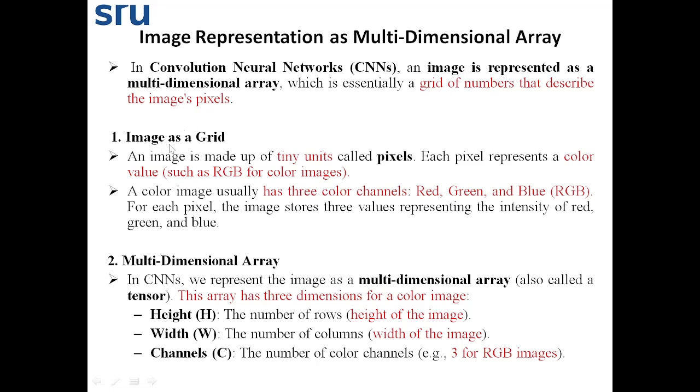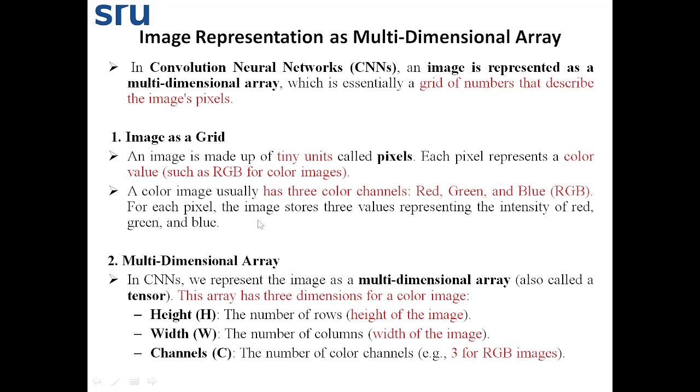Image as a grid. An image is made up of tiny units, and each tiny unit is called a pixel. Each pixel represents a color value such as red, green, blue for a color image, and a color image usually has three color channels: red, green and blue.